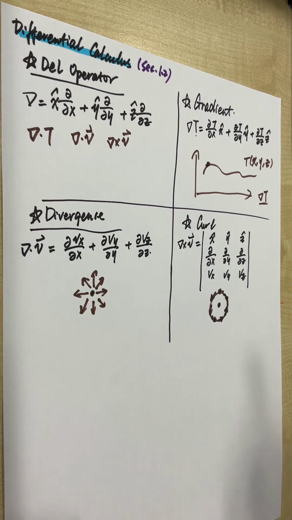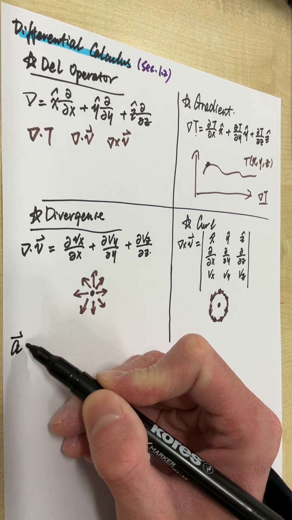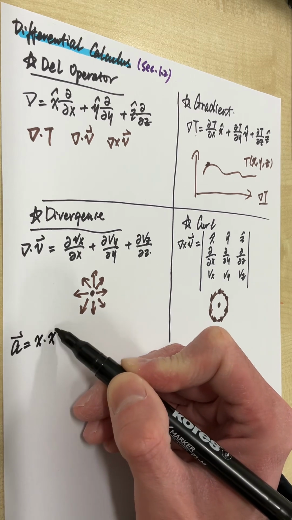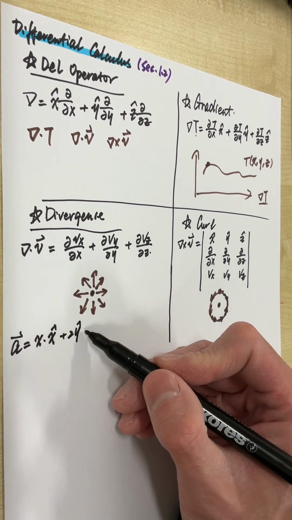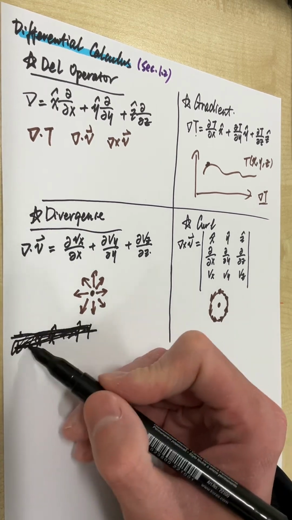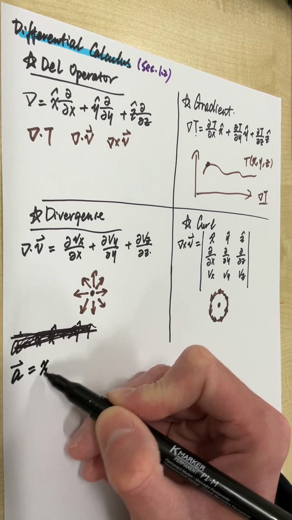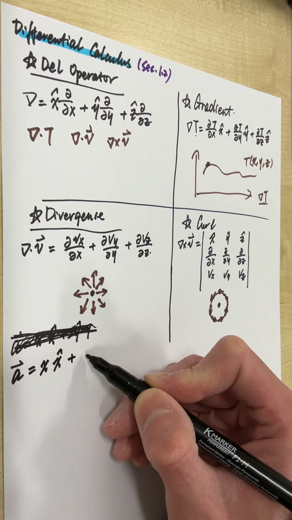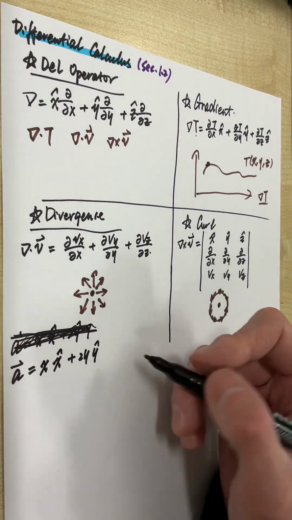So let's look at a couple of examples to get a better feeling about divergence and curl. First, we have a vector A, which has x in the x direction, 2y in the y direction, and nothing in the z direction.